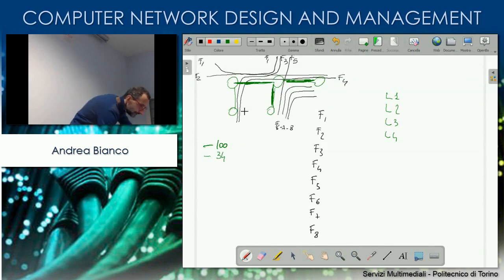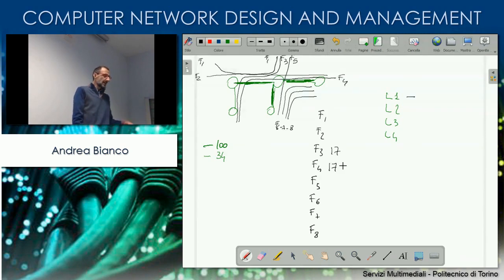So link 1 is saturated, and the two flows sharing link 1 are flow 3 and 4, if I'm not wrong, yes, which get 17 megabit per second assigned, okay? And that's the first link that saturates. Now, flow 3 and flow 4 are bottlenecked. You cannot further increase their capacity, correct?